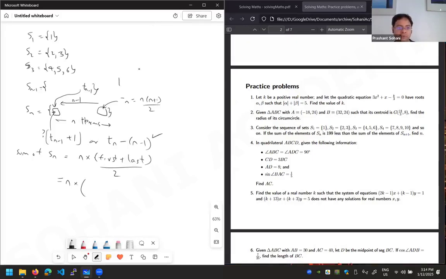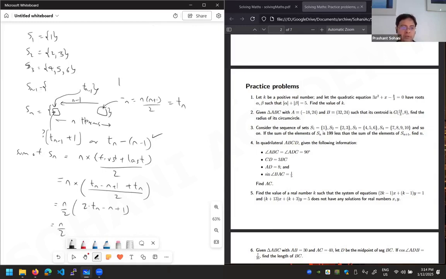Therefore, the first term will be simply Tn minus n plus 1, and the last term is Tn, upon 2. If I take the upon 2 outside, this is just 2 times Tn, and Tn is n into n plus 1 by 2.